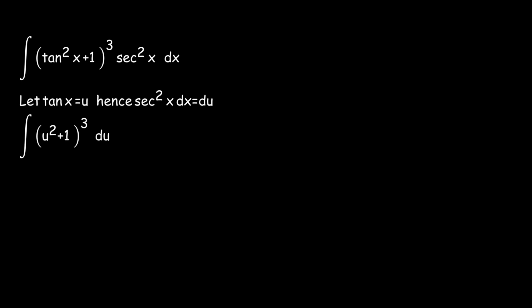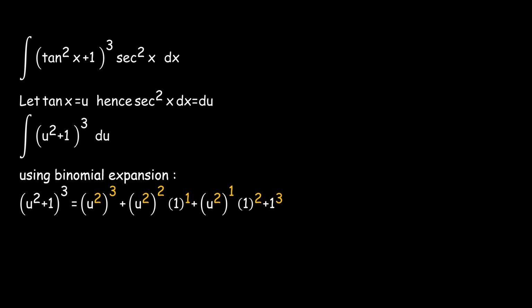Using the binomial expansion formula, we would see that u squared plus 1 all cubed is the same as u squared cubed plus u squared all squared, and so on. Simplify that, we'll have u to the power 6 plus 3u to the power 4 plus 3u squared plus 1, sorry.